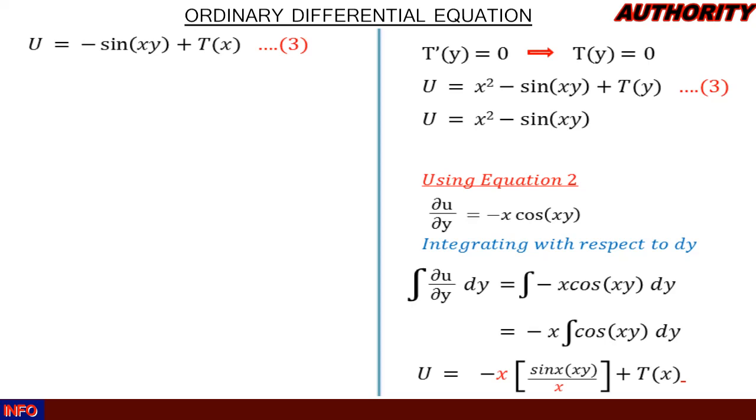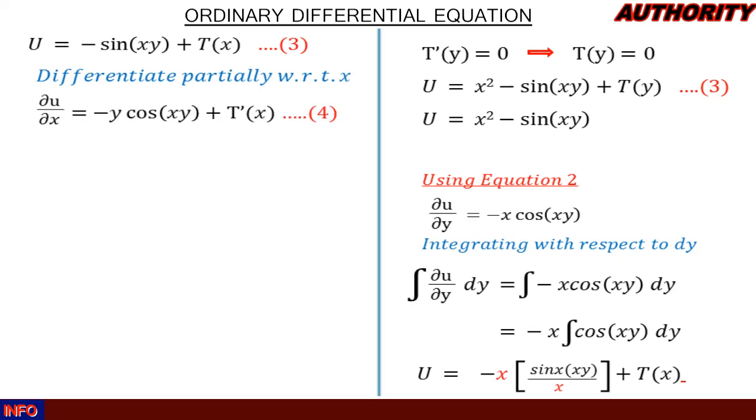For us to find the value of this t of x, what if we differentiate this u partially with respect to x? What are we going to have? So differentiating this function u partially with respect to x, we are going to have minus y cos xy plus t prime of x.